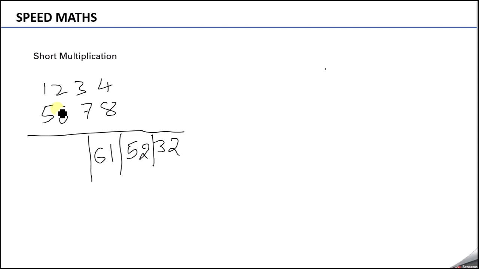Next, you take 1 2 3 into 5 6 7. So 7 into 1 plus 5 threes are 15. So 15 plus 7 is 22 plus 6 twos are 12. So 22 plus 12 is 34.